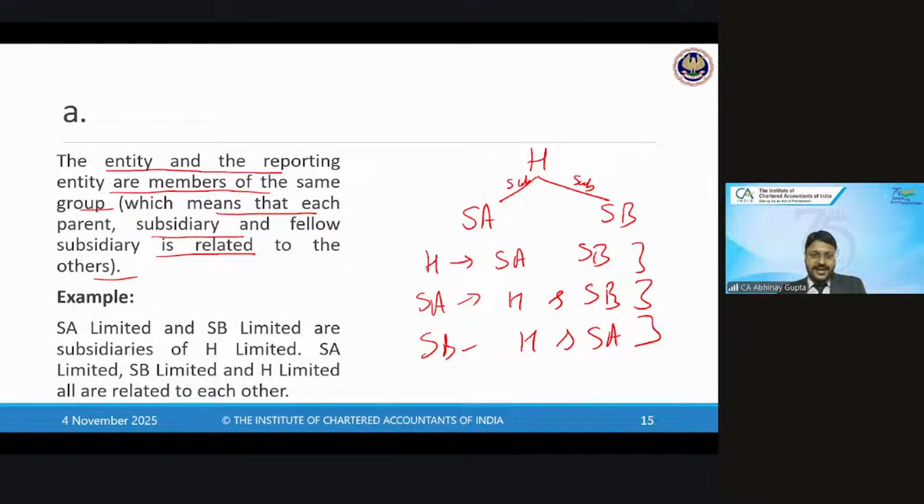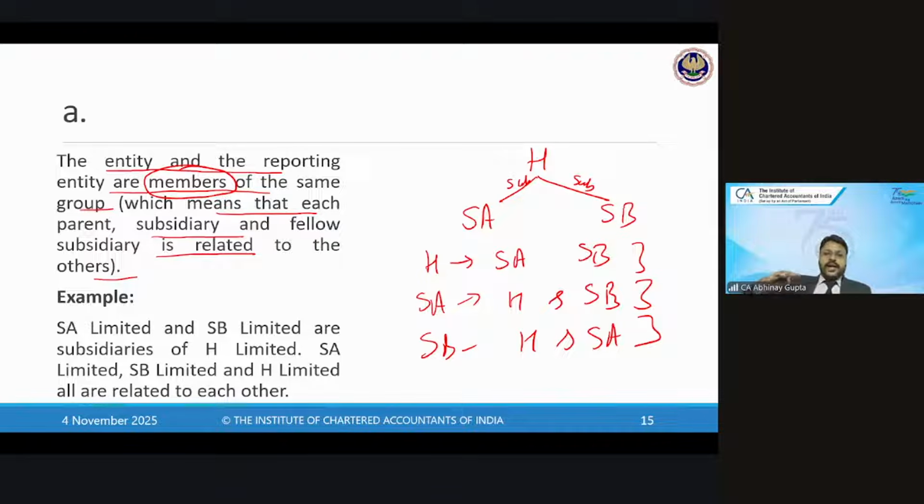Okay, then let's read the clause again. The entity and the reporting entity are members of the same group, which means that each parent, subsidiary and fellow subsidiary is related to each other. So members of the same group are related to each other.